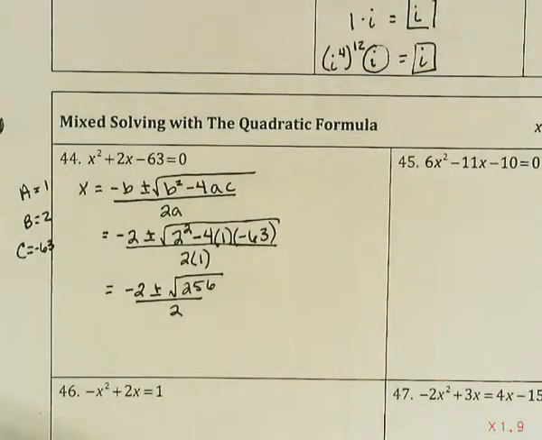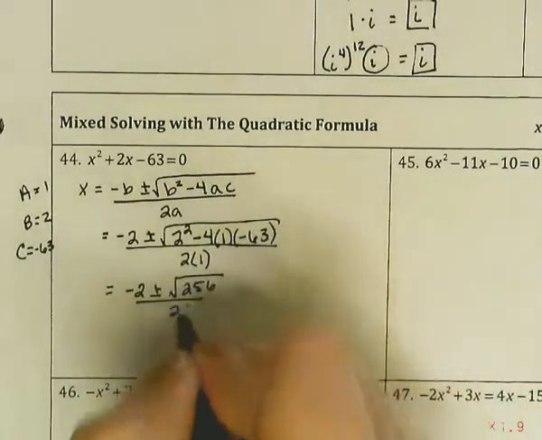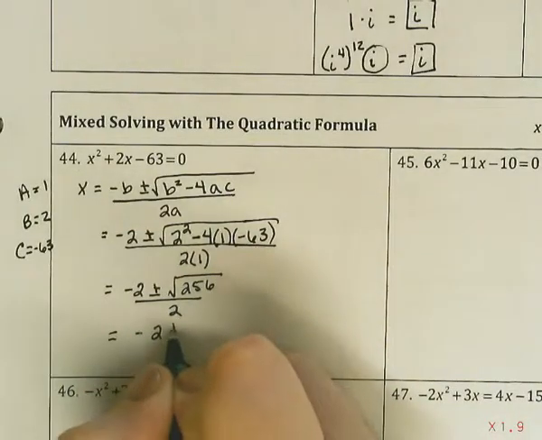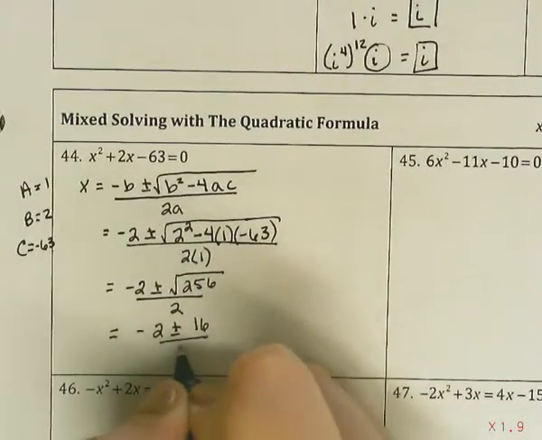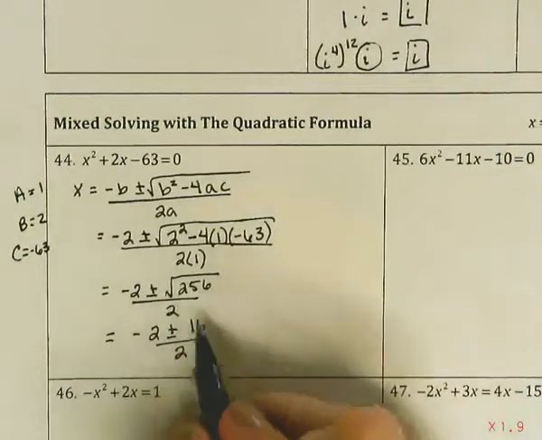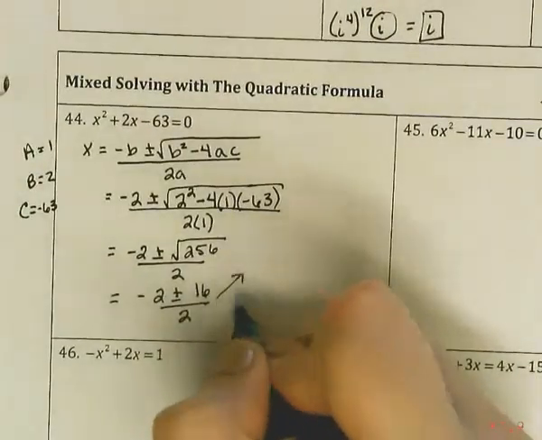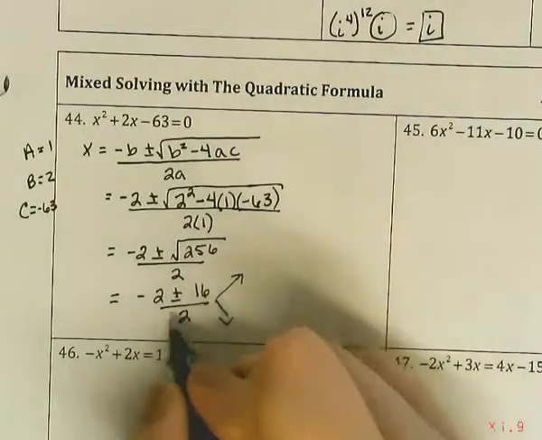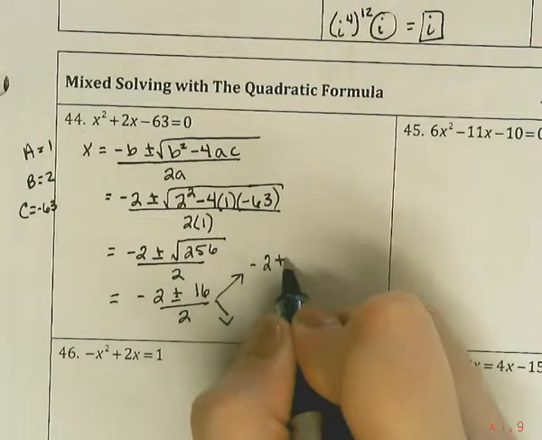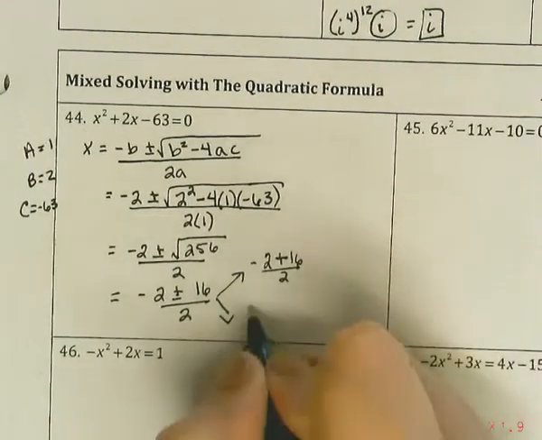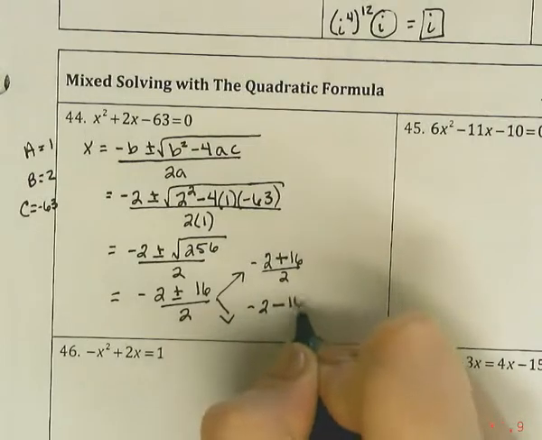Let's see if we can take the square root of 256. We can. Negative 2 plus or minus 16 over 2. Square root of 256 was 16. This plus or minus tells me I have negative 2 plus 16 over 2 and negative 2 minus 16 over 2.